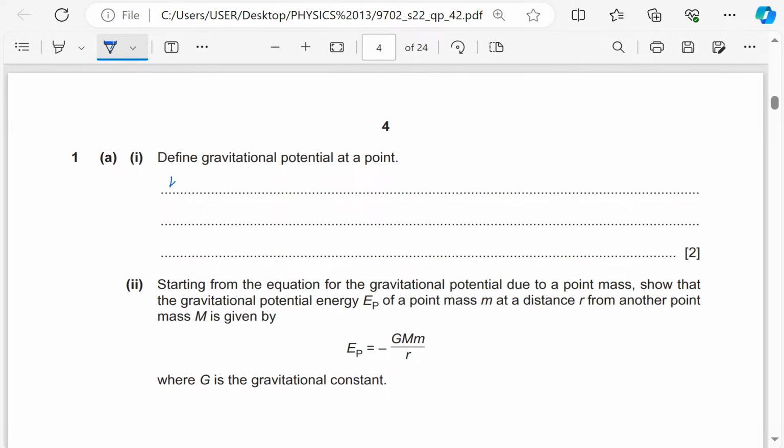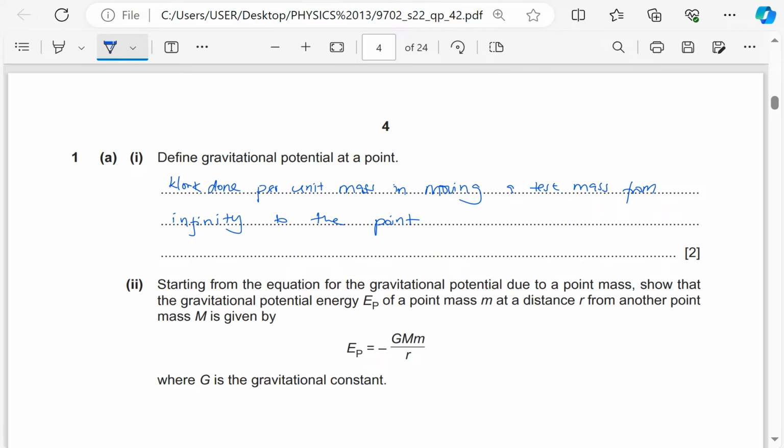So this is the work done per unit mass in moving a test mass from infinity to the point in the gravitational field.